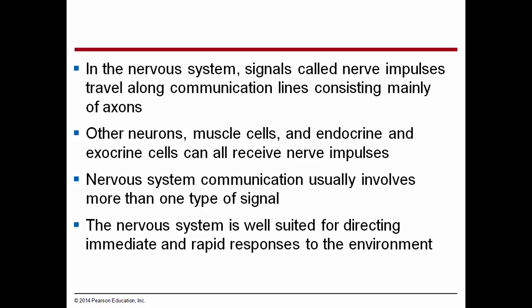Other neurons, muscle cells, and endocrine and exocrine cells can all receive nerve impulses. Nervous system communication usually involves more than one type of signal. The nervous system is well suited for directing immediate and rapid responses to the environment.